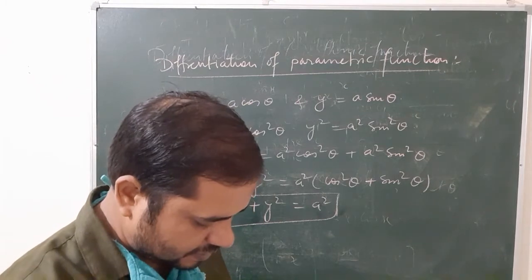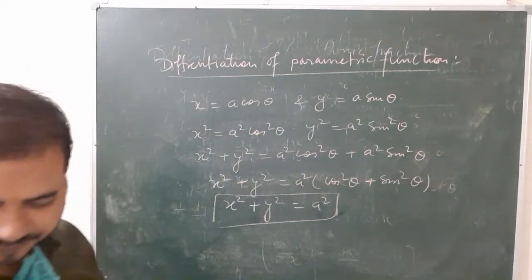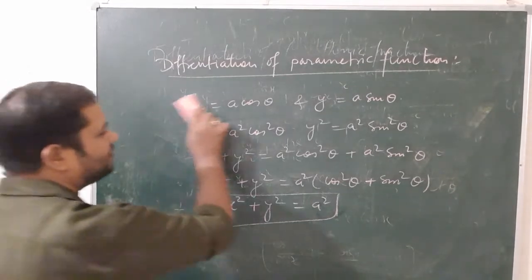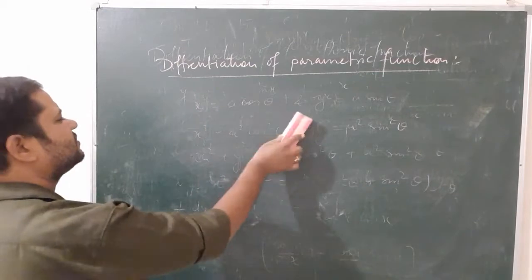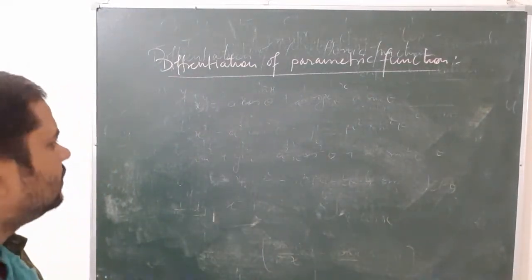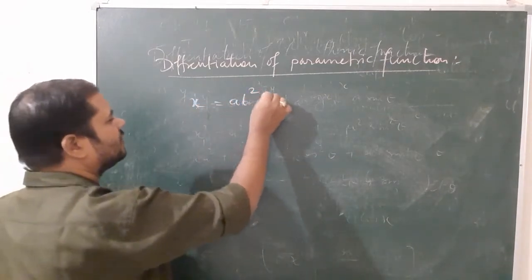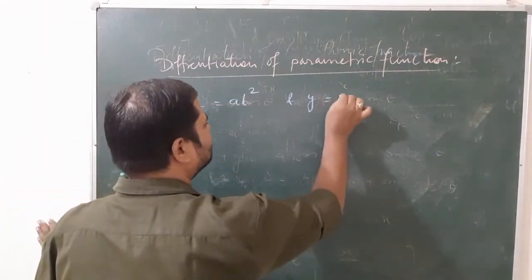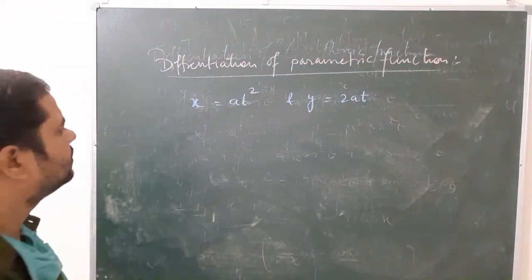Okay, so now we see differentiation of this type of parametric equation. So how will we get it? Suppose we are given the equation x is equal to at square and y is equal to 2at, then find dy by dx.